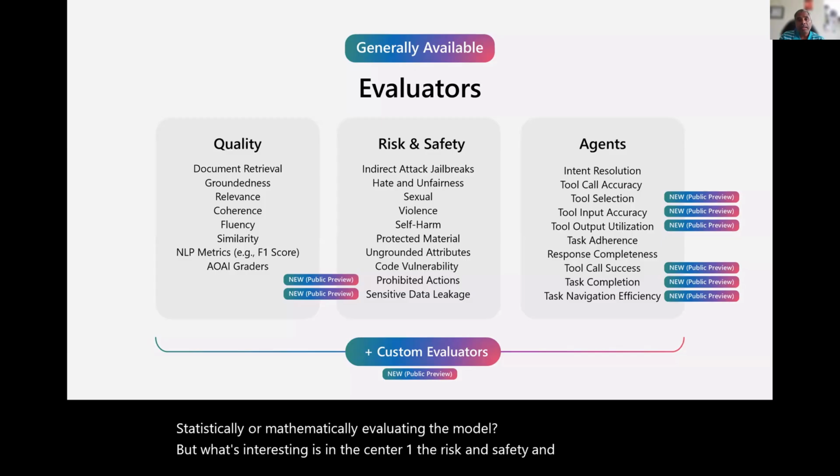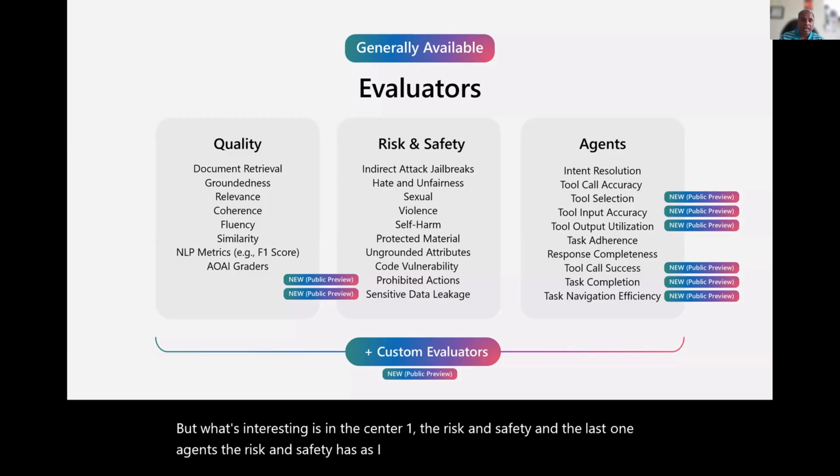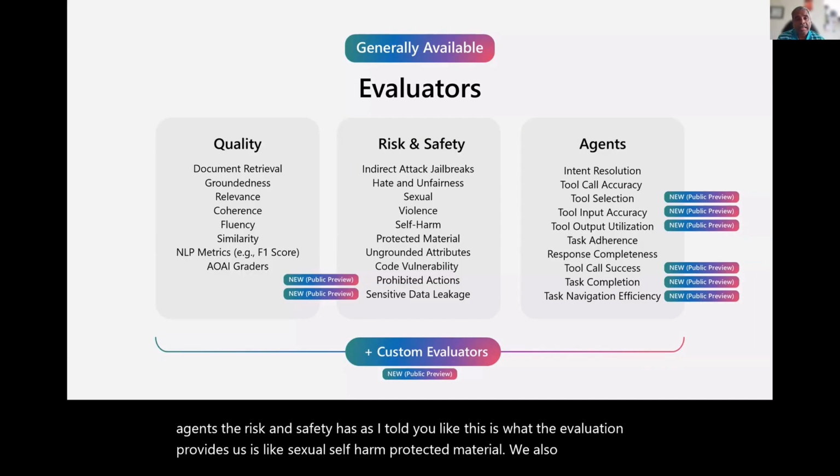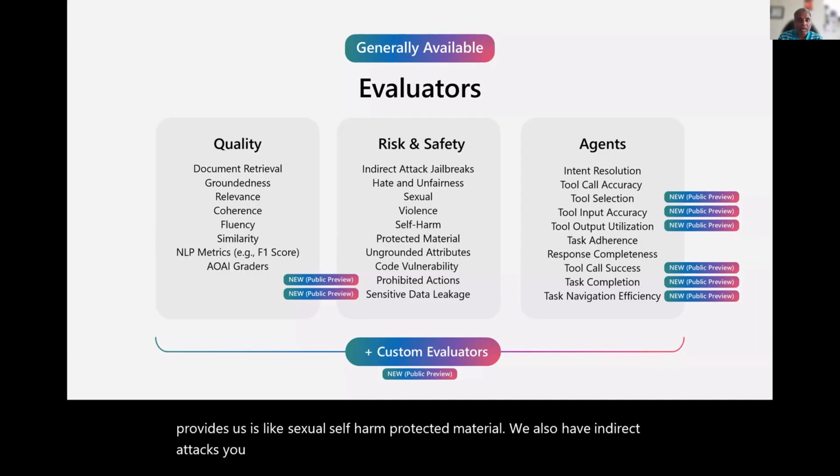The risk and safety has, as I told you, what the evaluation provides us: sexual, self-harm, protected material. We also have indirect attacks. You can actually look at code vulnerability, but look at the last two. We are building something new: prohibited actions and sensitive data leakage, like the PII detection and things like that.